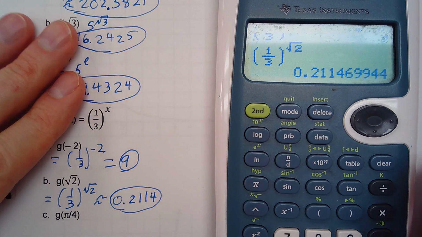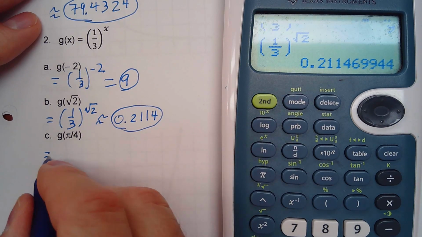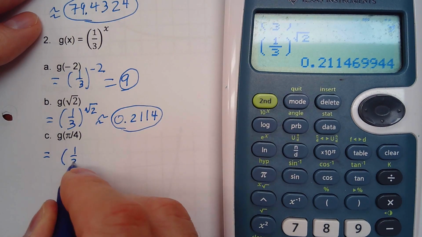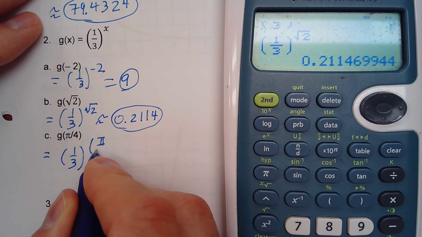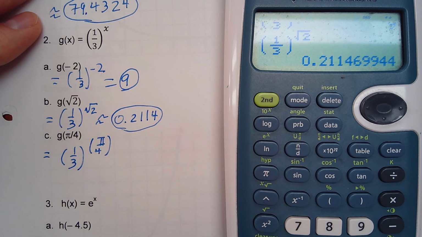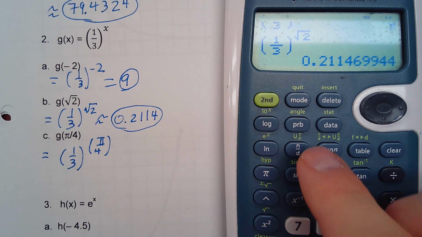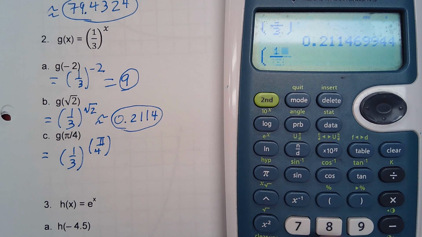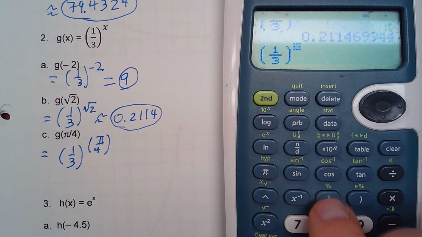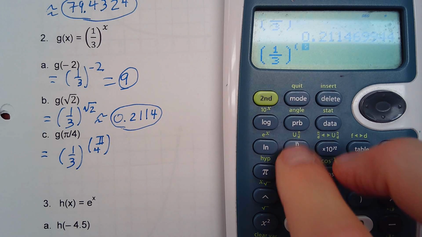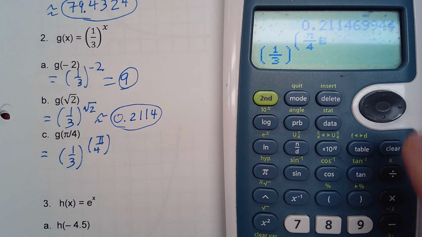And let's try C. So that's 1/3 raised to the pi over 4. So that's going to be an interesting one to do. So I'm going to do parentheses, 1/3, caret key, parentheses, fraction key, pi over 4.